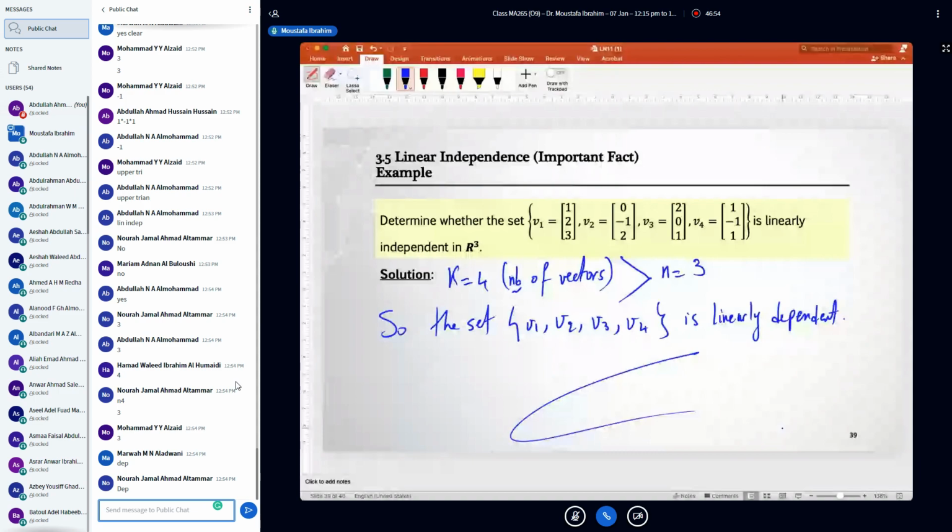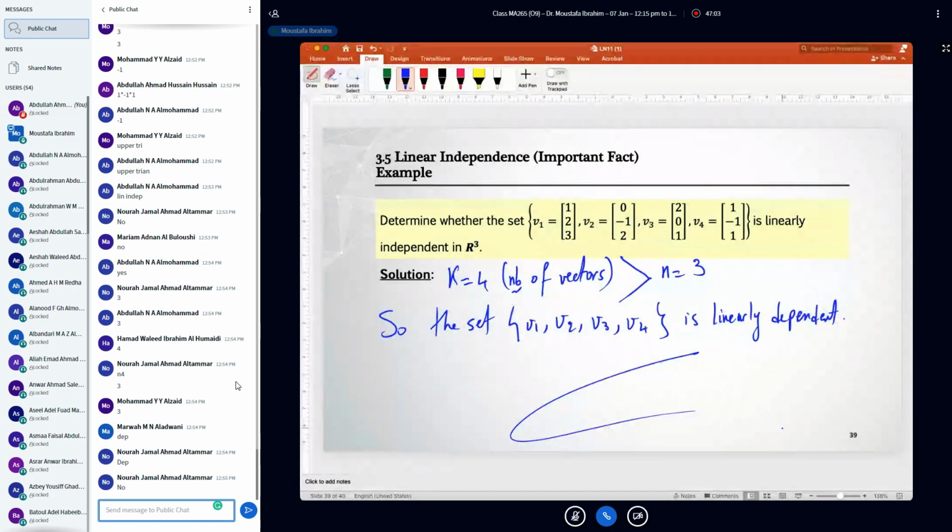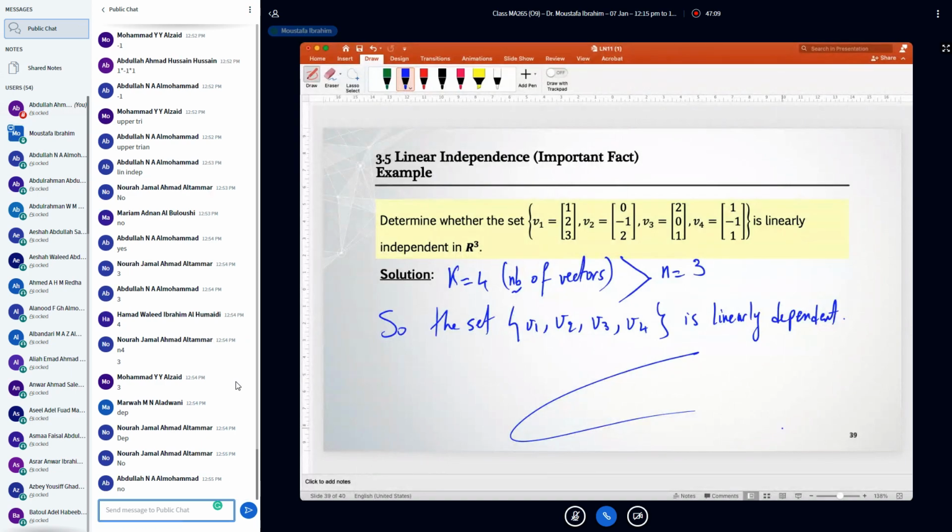We didn't do any calculation. Difficult? Very good. Khalifa, everything is fine?